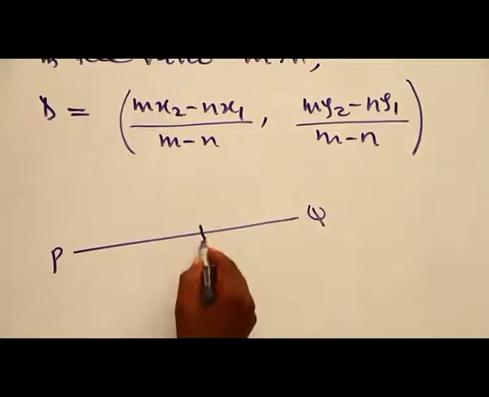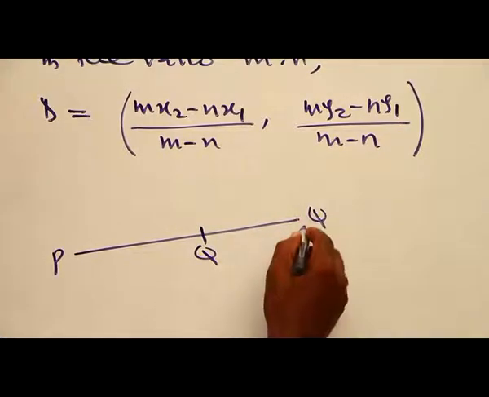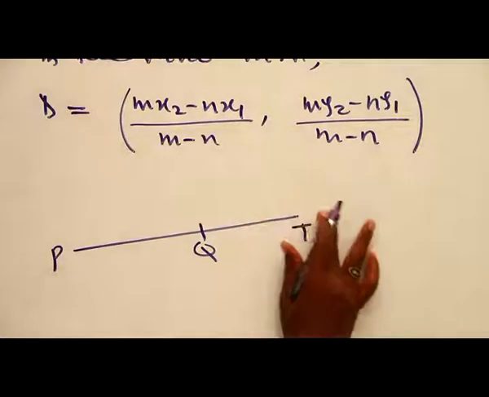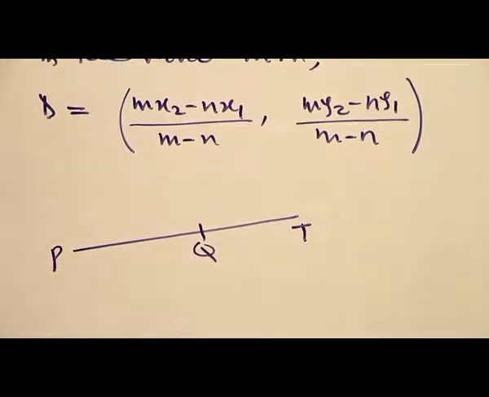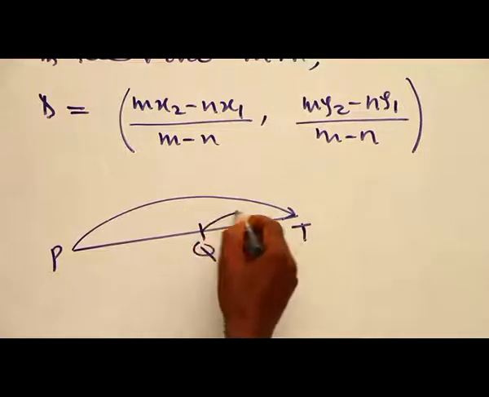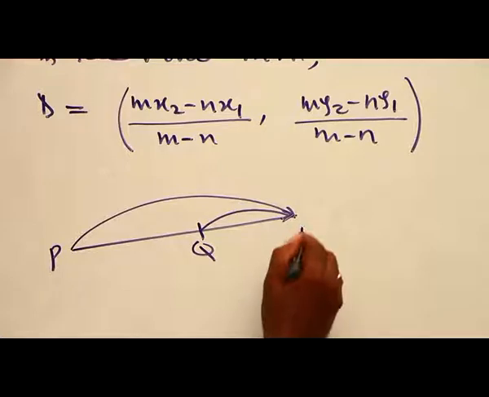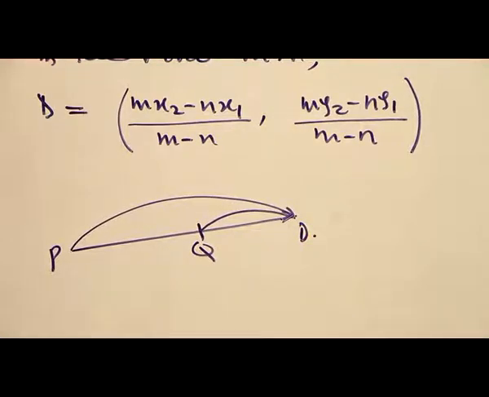Let's put it this way, our Q is here, and let's say we have another point here, T. So there's an external division from here to here, and this is our D now, the point of external division.